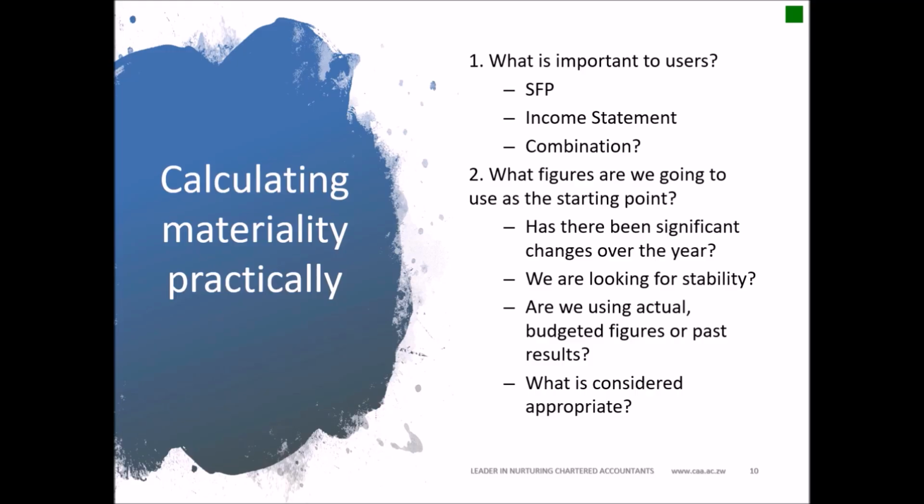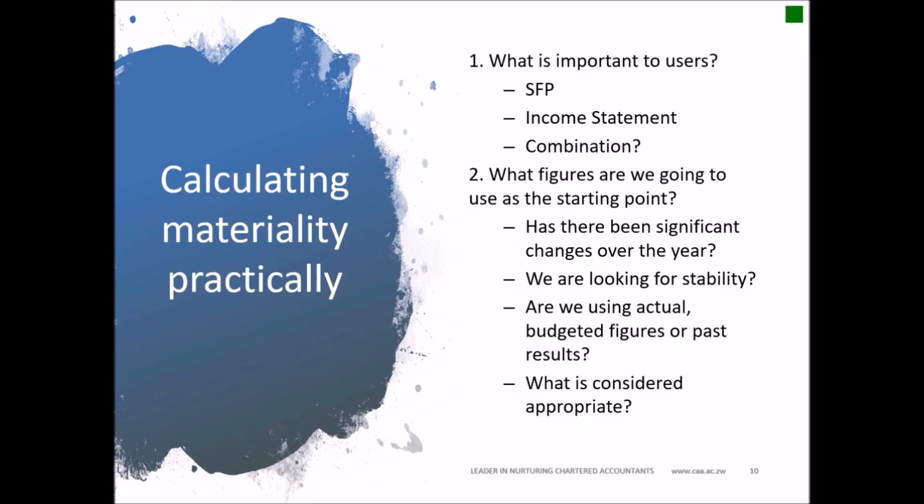What is of most importance to the users of that particular company? We said materiality is based on the auditor's judgment. So for your judgment, make sure you have justification for why you're taking the particular statement that you use.